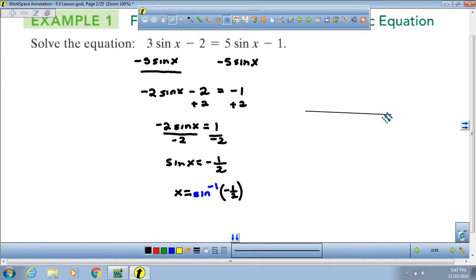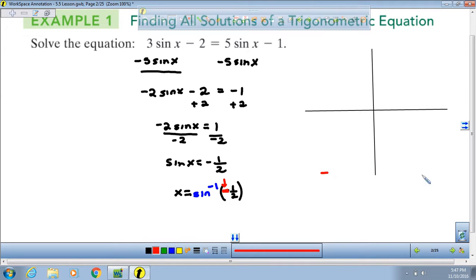We need to determine, okay, if I look at the 4 quadrants, first of all, the sine is negative. We need to determine what quadrants will make sine have a negative value. That is the first thing. If you remember, sine is going to be negative either in quadrant 3 or in quadrant 4, okay?